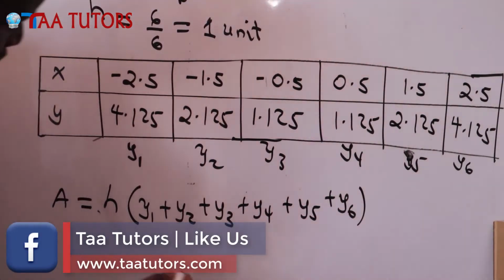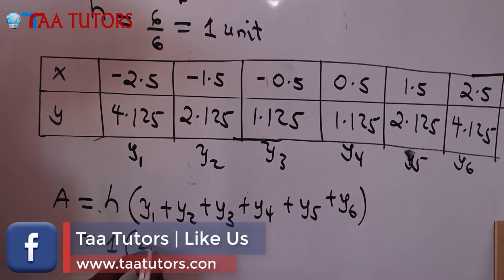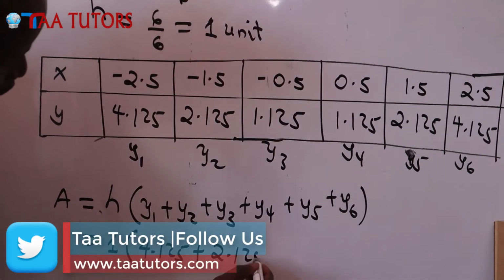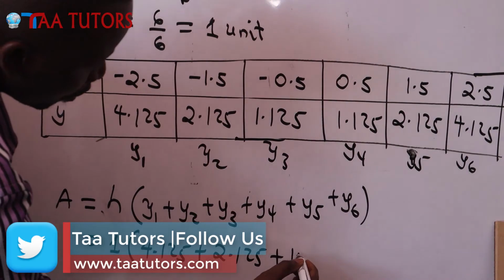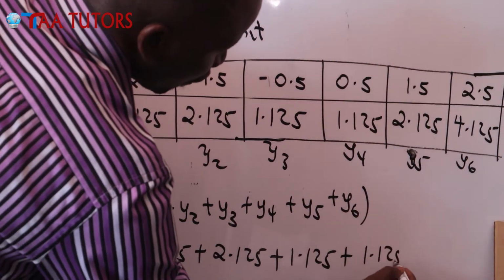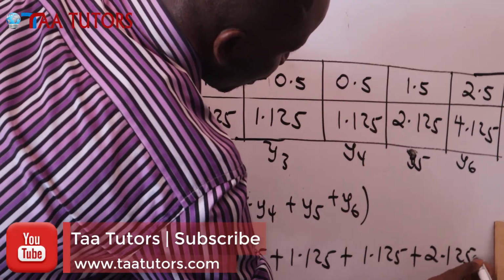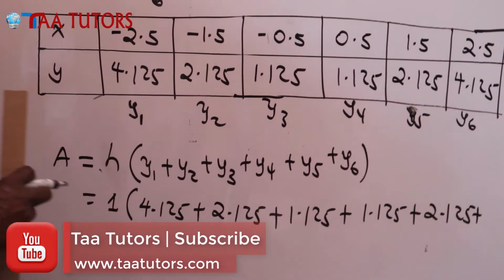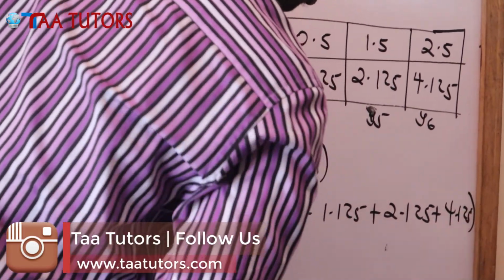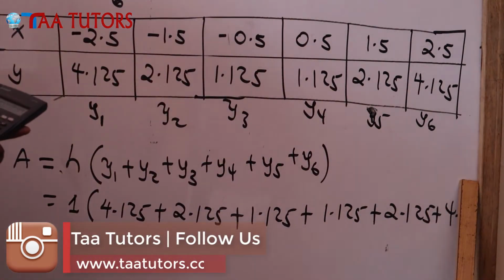Then we substitute, height is 1, times 4.125 plus 2.125 plus 1.125 plus 1.125 plus 2.125 plus 4.125.